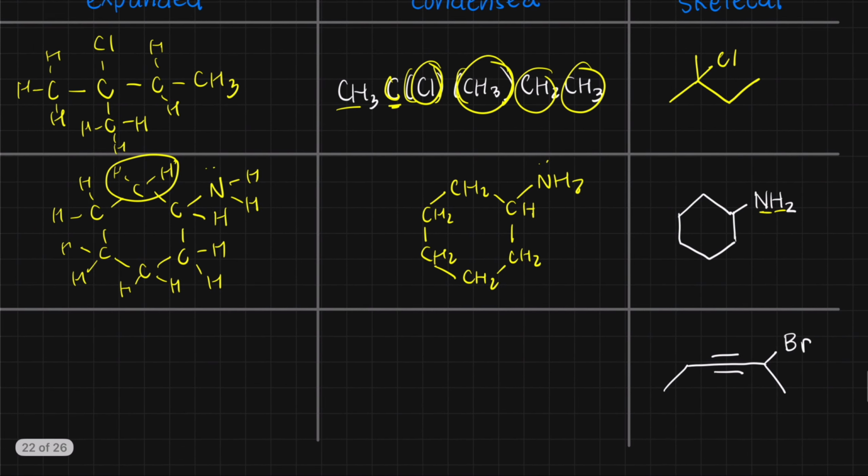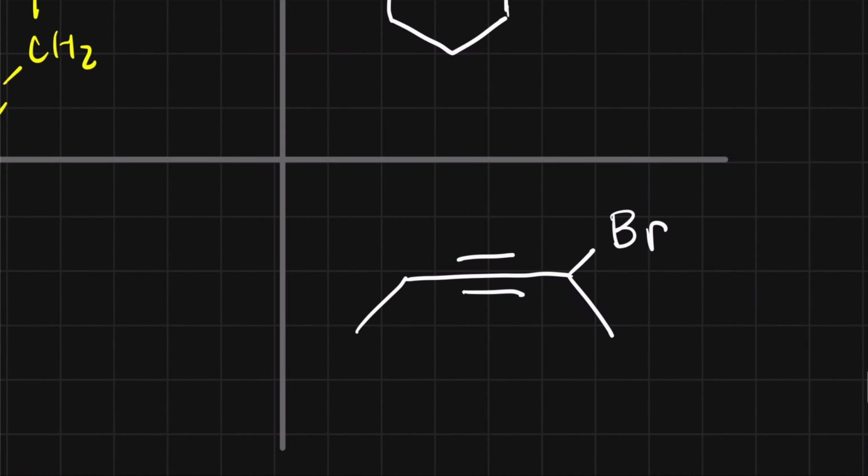And then for the last one, we have here a triple bond for the first time. And if we're going to expand it, you need to be a little careful. There's a reason for this, but if you find this weird, these two count as separate carbon atoms.